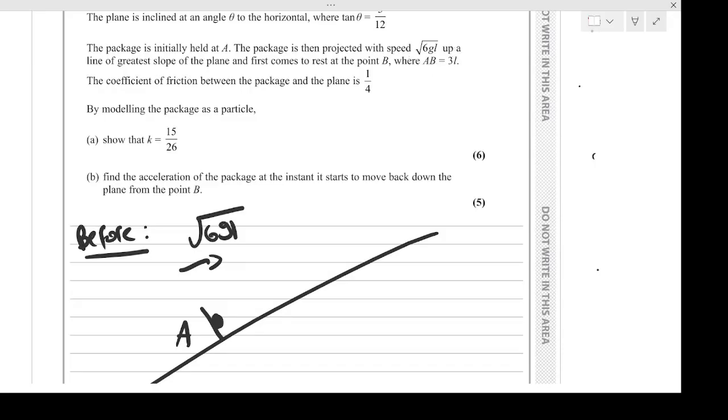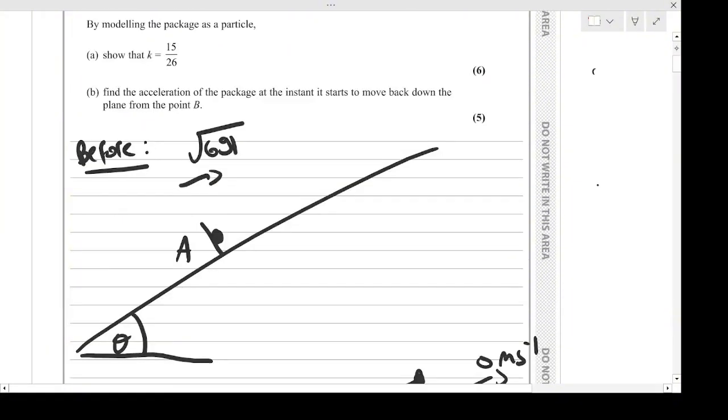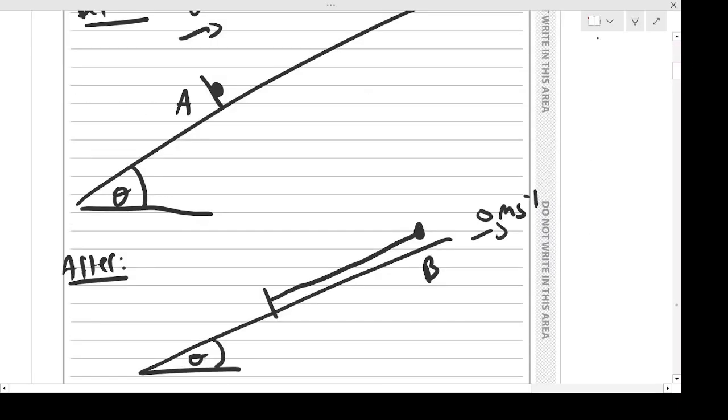Then I'm told at the point B it comes to rest, so the speed at B is going to be 0. So that's my speeds. Now what about distances? I'm told A to B is 3l, so here this length is going to be 3l. Hopefully you're happy with that.